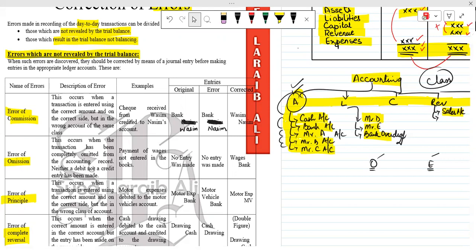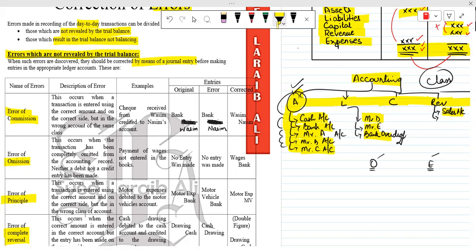So you need to be very careful that when these errors are made by the business, they must be rectified by means of general entries.